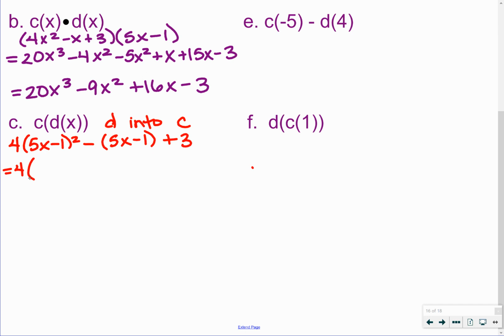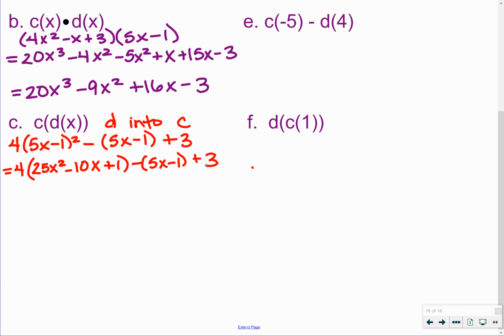Well, 5x times 5x, 25x squared. My outside terms will be a negative 5x. My inside terms will be a negative 5x. That's negative 10x. And then negative 1 and negative 1 give me a positive 1. Bring everything else down.